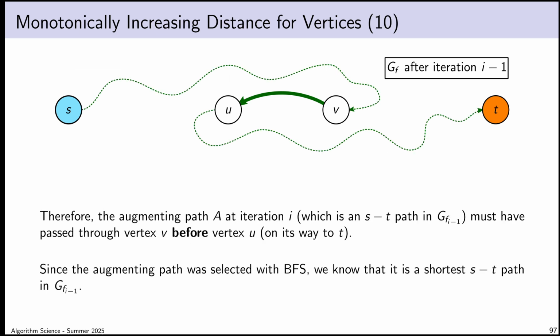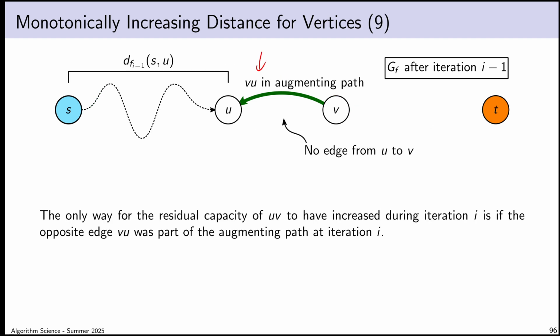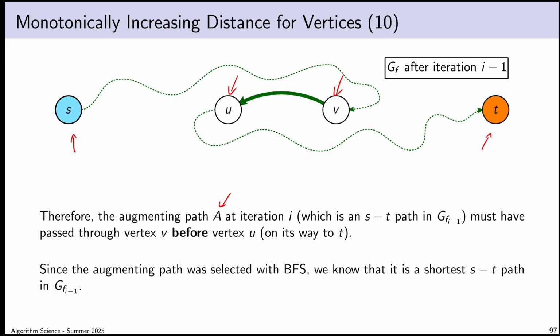So it looked like this. If I look at the augmenting path I chose at iteration i, we'll call that path A, and of course that's an s-t path, a path from s to t, it must have passed through vertex v before it passed through vertex u, because as I mentioned a minute ago, the only way that the residual capacity uv could have increased is if I pushed some flow backwards from v to u.